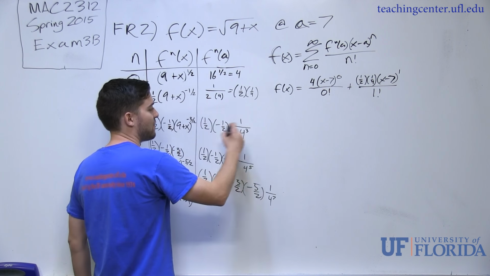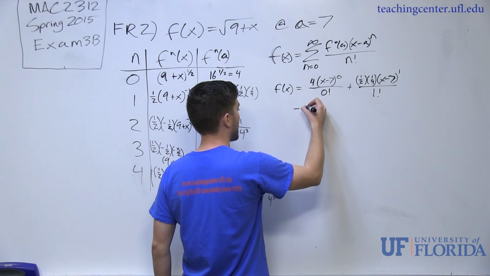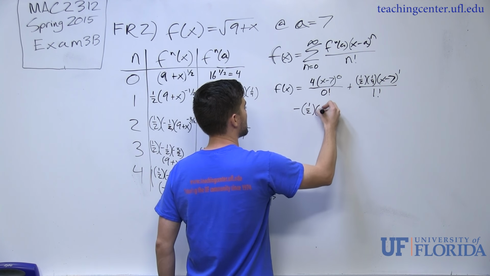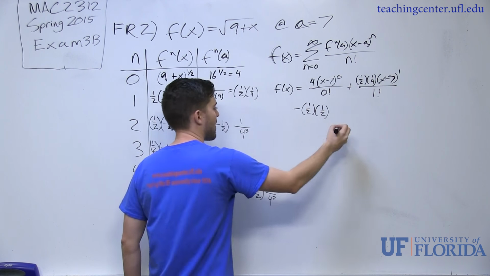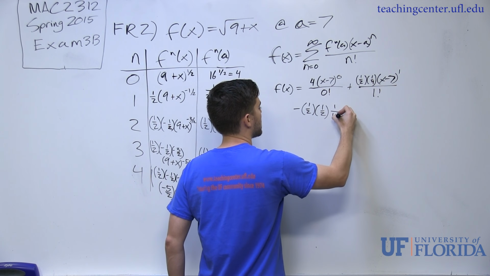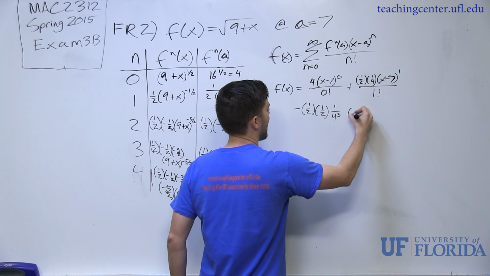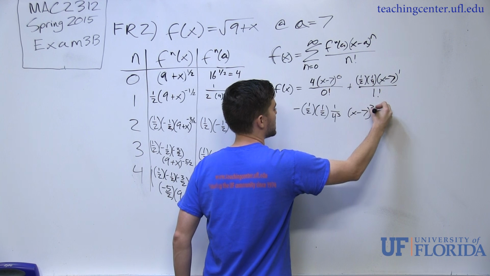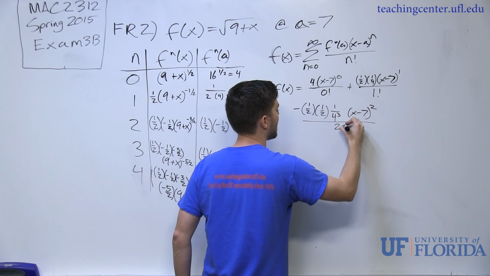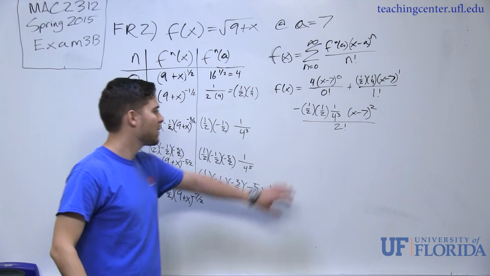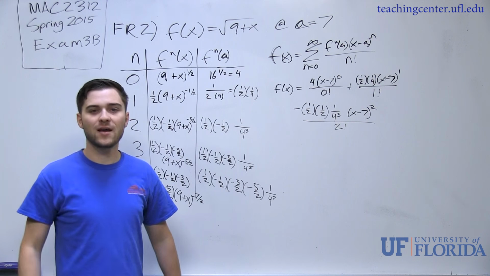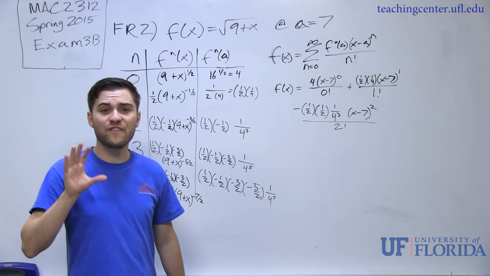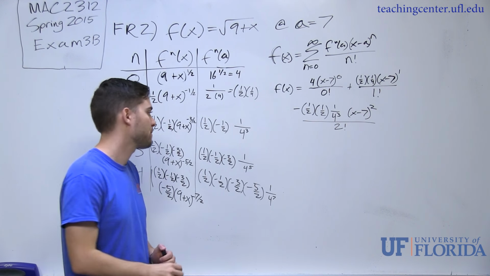So now I have a negative term here. So I have a 1/2 times a 1/2, 1 over 4 cubed. Then I also have my x minus 7 quantity squared, all divided by 2 factorial. And again, I'm not really going to move anything around or simplify anything. I want to get the pattern first before I do anything.